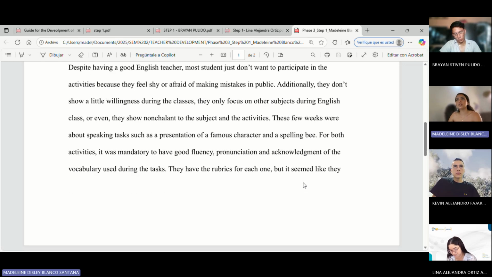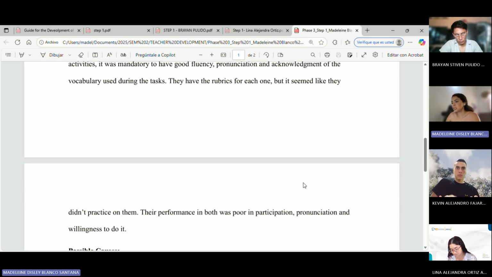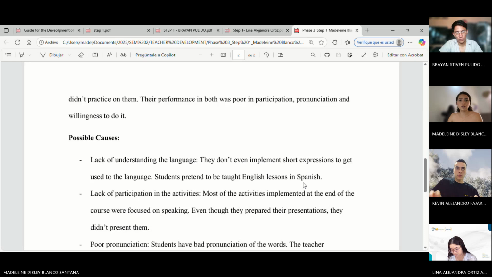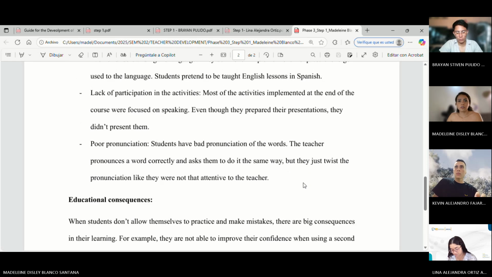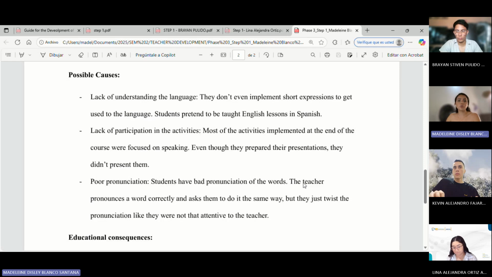Most of the time, students just feel that they are not into the topic, so they decide not to do what they must at school. This is really sad for them because they miss the opportunity to practice English at school, which is practically what they have to do. The possible cause I found for this was a lack of understanding of the language.